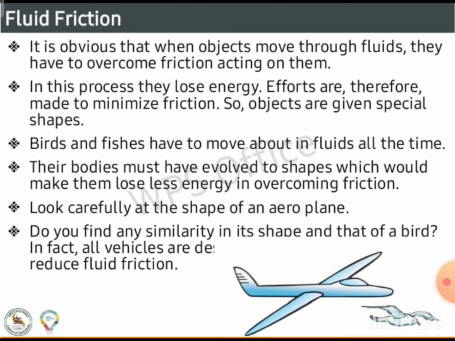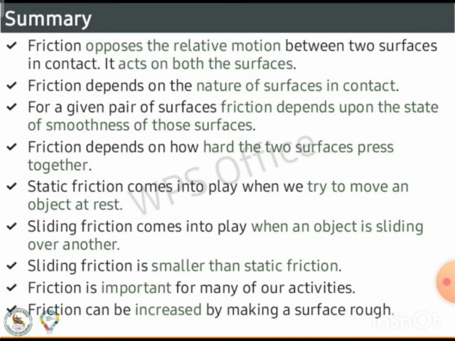Their bodies must have evolved to shapes which would make them lose less energy in overcoming friction. Look carefully at the shape of an aeroplane. Do you find any similarity between this shape and that of a bird? In fact, all vehicles are shaped to reduce fluid friction.